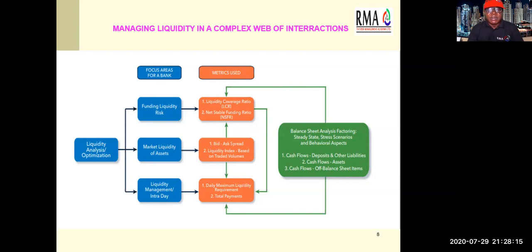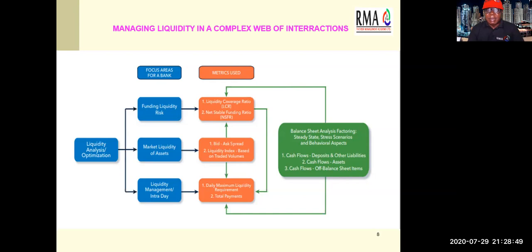For market liquidity of assets, banks need to use metrics such as bid-ask spread, and then of course the liquidity index, which is based on traded volumes. And for liquidity management intraday, banks can use the daily minimum liquidity requirement, as well as total payments.